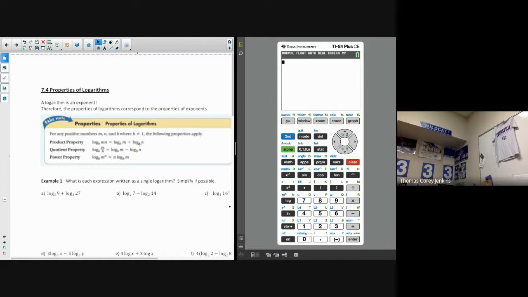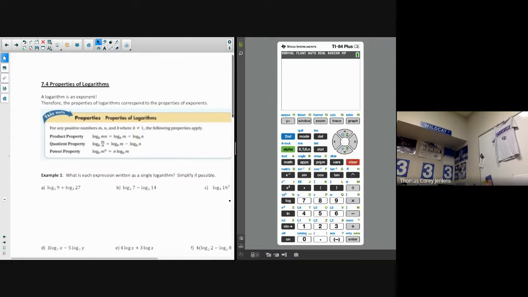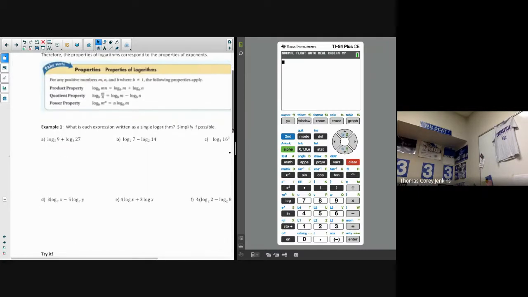All right, so anyways, let's try to use some of these properties to answer questions like what you'll see on your Math Excel assignment. For example, it says, what is each expression written as a single logarithm? So we want to write it as a single logarithm, and then simplify if possible.